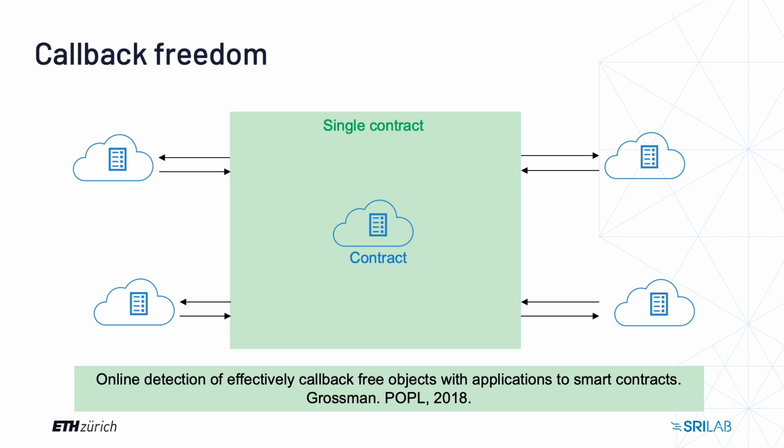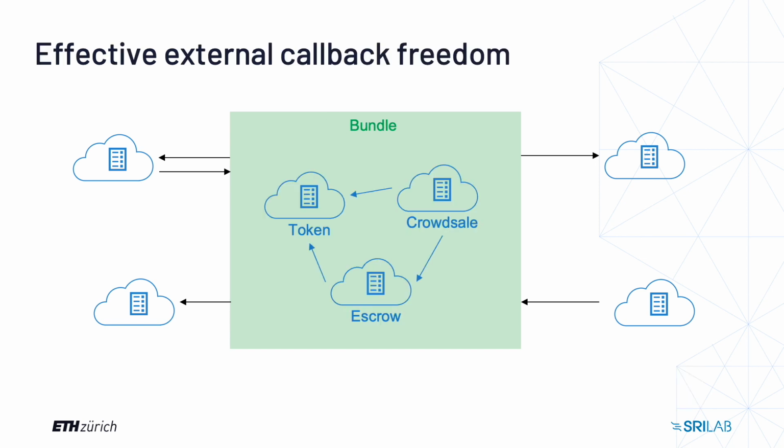In a real-world scenario, where the application is implemented using multiple smart contracts, and the contracts that belong to the same application call and call back each other all the time, that condition won't work. That's the limitation we managed to overcome in our work. Our contribution is effective external callback freedom. We lifted the callback freedom constraints to allow a simple specification of a bundle of contracts, not a single contract.